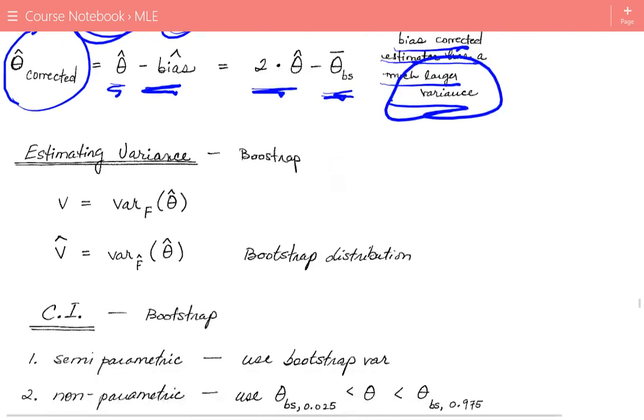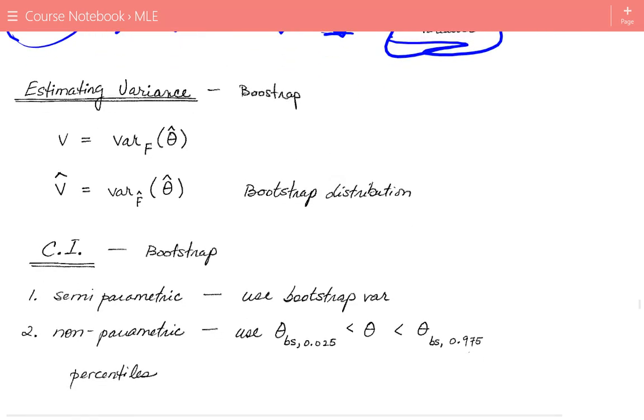Now, the same thing we can look at using the bootstrap to estimate our variances. The variance is the variance of our statistic under the distribution F, and I can have a bootstrapped estimate of the variance by looking at the variance of the maximum likelihood statistic based on the empirical distribution, which is to say the data itself.